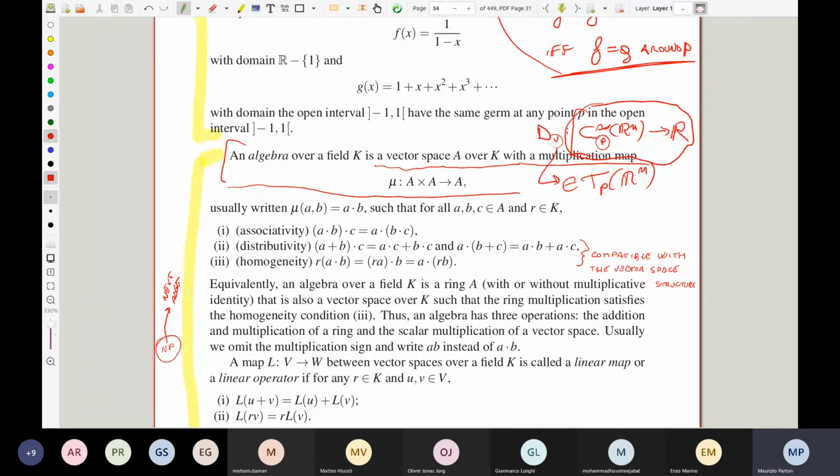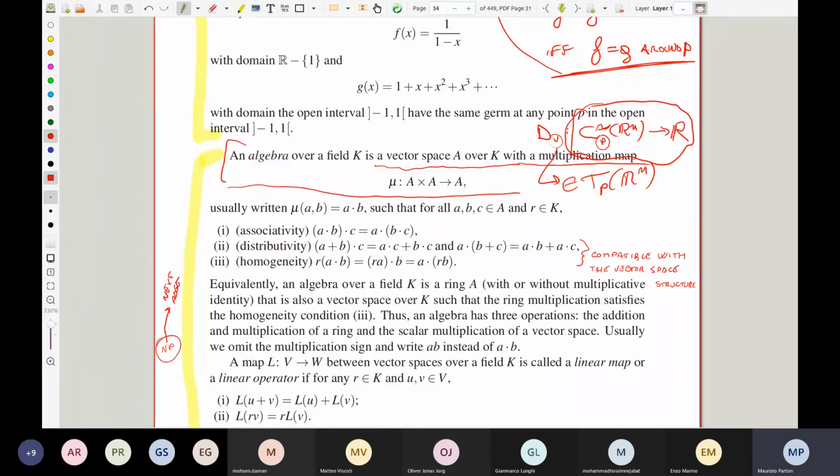So a mathematician would ask himself immediately, what are the general properties which are satisfied by a vector space when, other than the sum and the scalar multiplication, there is also an internal multiplication? This is something more, an additional structure.